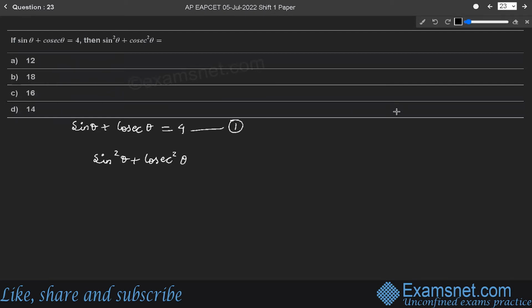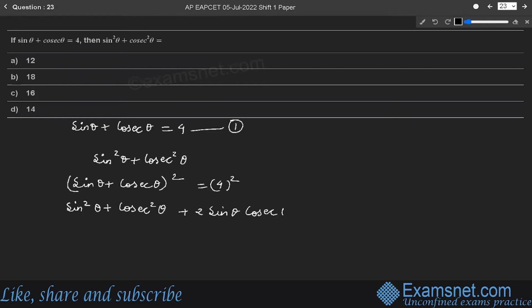On squaring on both sides in equation number 1, it will be (sin theta plus cosec theta) whole square is equal to 4 square. So it will be sin square theta plus cosec square theta plus 2 into sin theta into cosec theta is equal to 16.